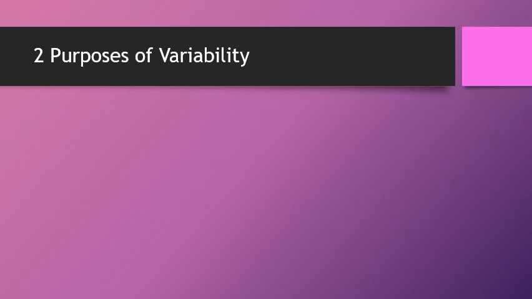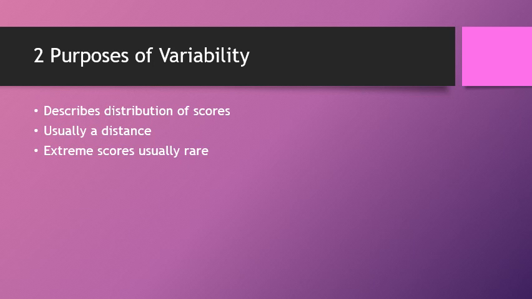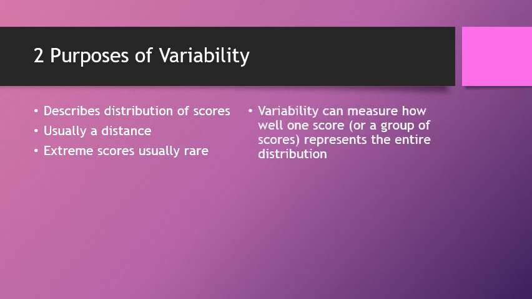Okay, let's look at the purposes of variability. The first purpose is just to describe the distribution of scores. You usually describe it in terms of a distance. Extreme scores are usually rare. Okay, the second purpose of variability is that it can measure how well one score or a group of scores represents the entire distribution.